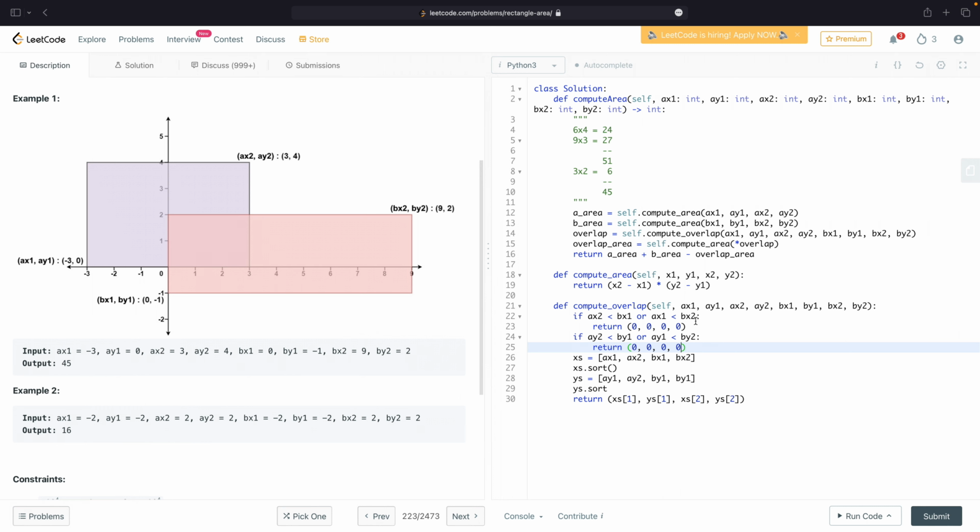In fact, there's more cases than this, isn't there? So this is the case. If ax1 is less than bx2, no, that's not the case I want at all. I want bx2 is less than ax1, and by2 is less than ay1.